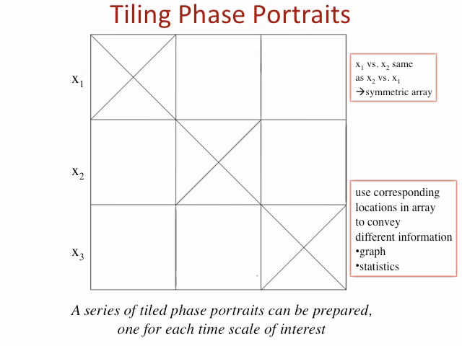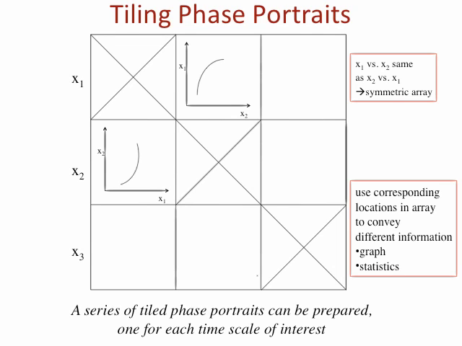First, the diagonal in such a tiled array is irrelevant because I'm simply correlating xi to xi. That doesn't give me any useful information. The second thing I note about an array like that is that it's symmetric. The plot of x2 versus x1 is the same as the plot of x1 versus x2, just flipped around the 45-degree line.